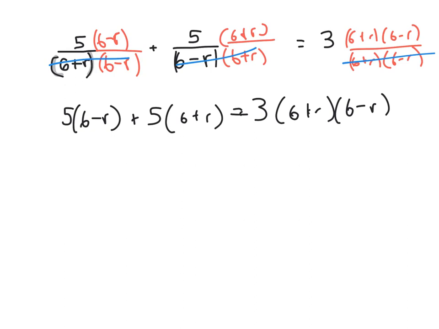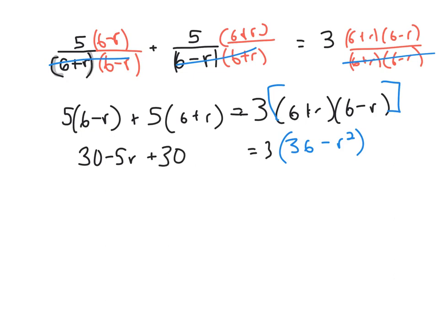So if we remember polynomial equations, if we're going to multiply this right side through, I probably would FOIL that part out first, which would give me 36 minus r squared. Then we still have a 3. On the left side, we can use our distributive property to get 30 minus 5r plus 30 plus 5r.